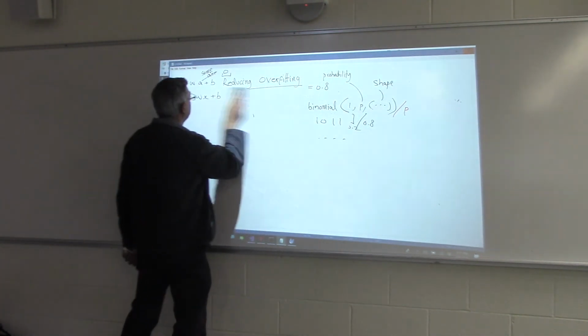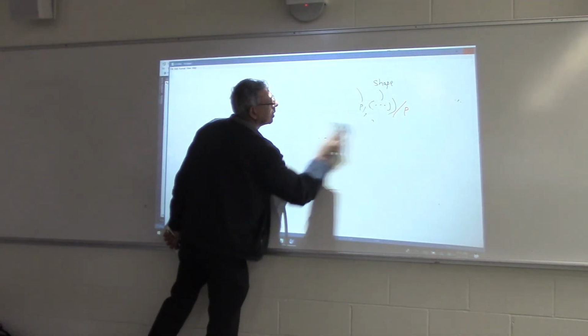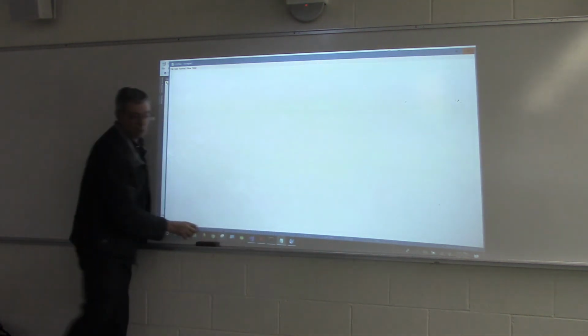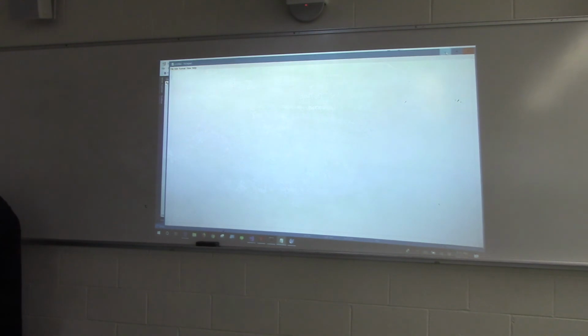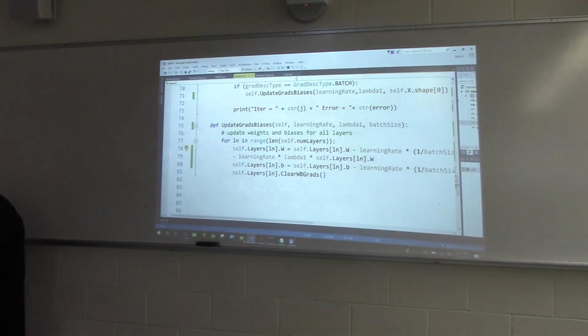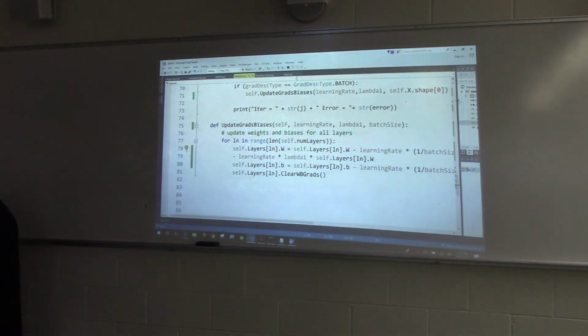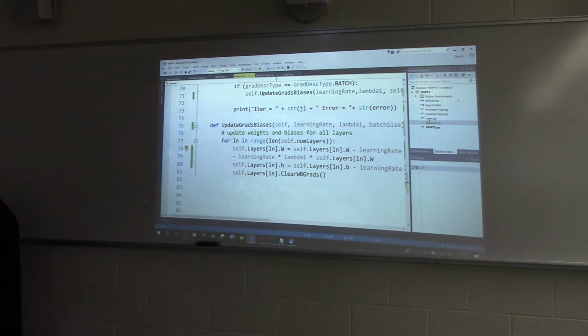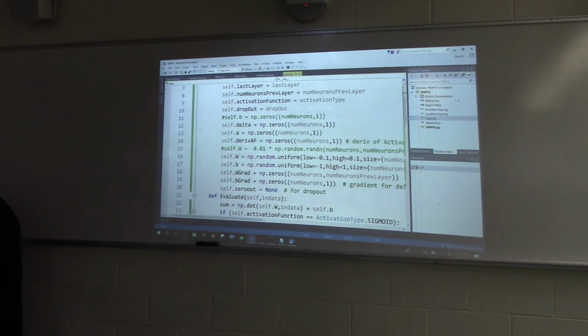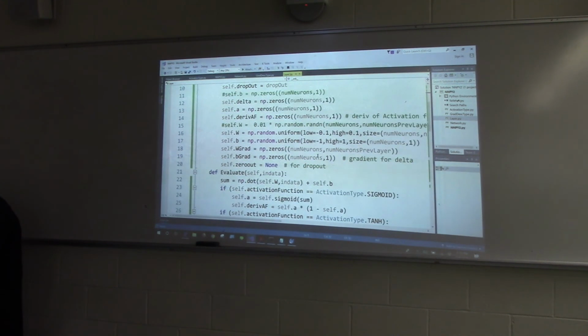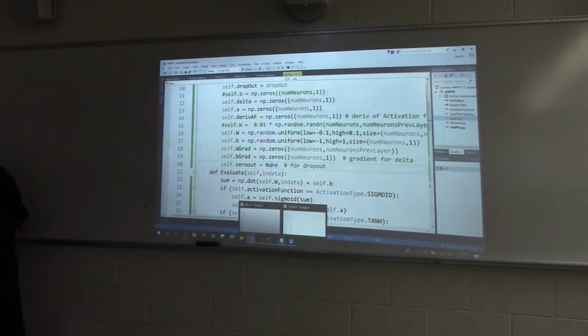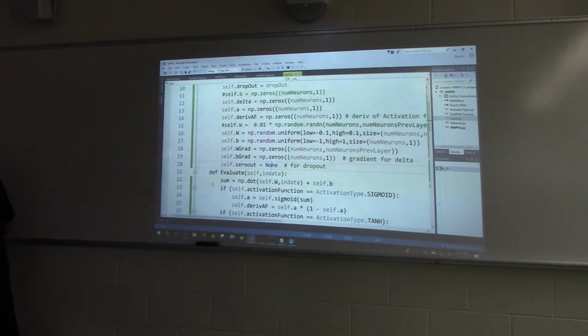Okay, so I'll give you the code of the implementation as well. Let me quickly show you the code. It's pretty easy, like I said. If I take you to the layer class, take a look over here, I created a variable called zero out, which I will put the binomial data in later, if a dropout is being used.